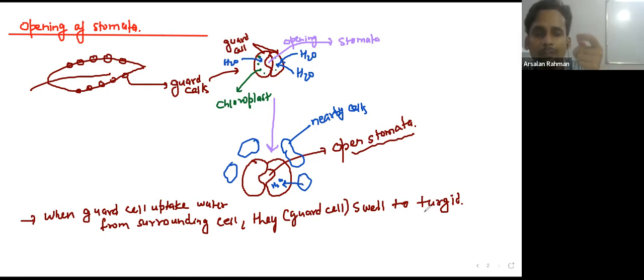When you add water inside the balloon, it is called a turgid structure. When water is added to something and swelling comes, that is called turgid. So when guard cells uptake water from surrounding cells, they swell to become turgid. Turgid means swollen.